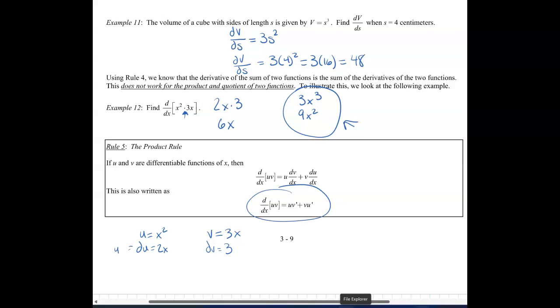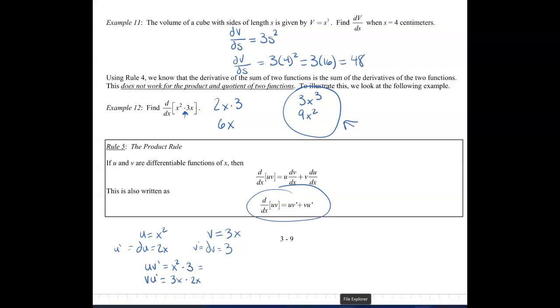And again, I could have written this as u prime, and this as v prime. So u times v prime would have been just x squared times 3, and then v times u prime would just be 3x times 2x.